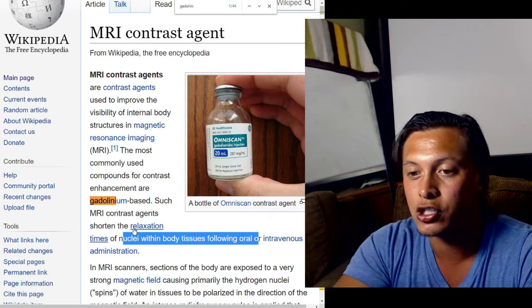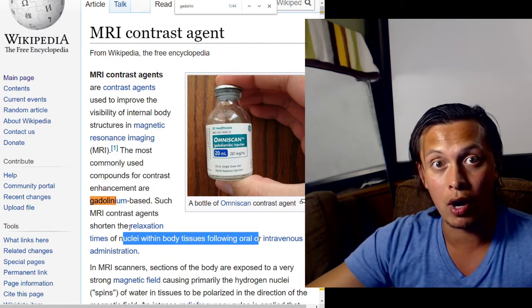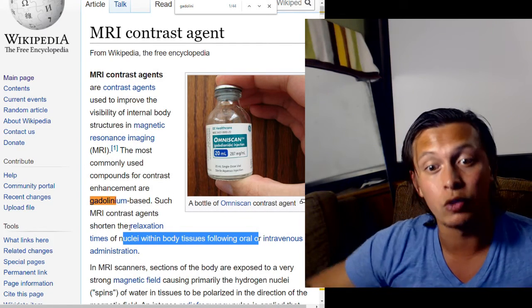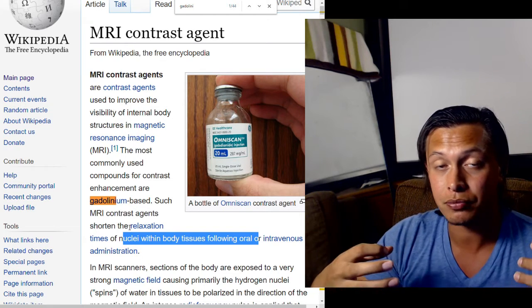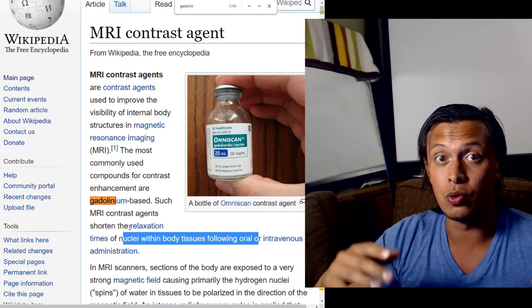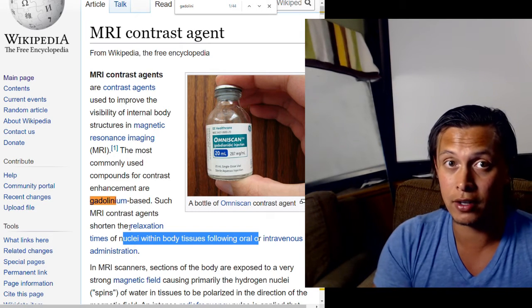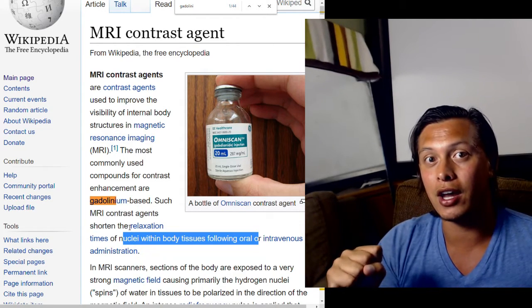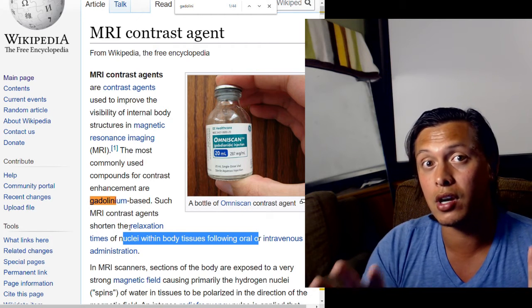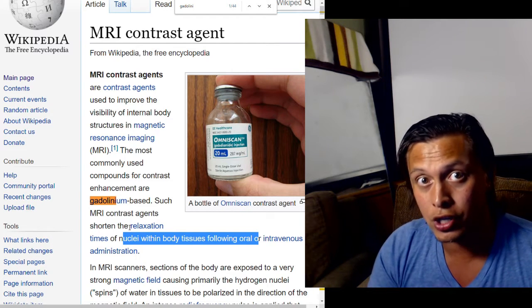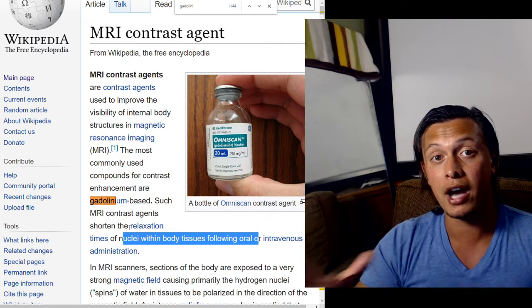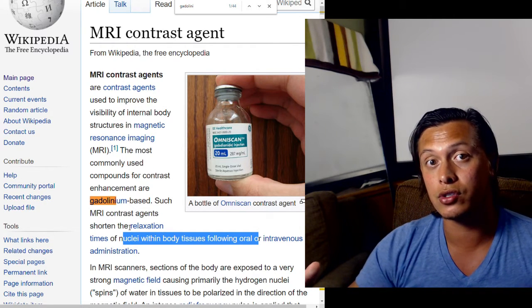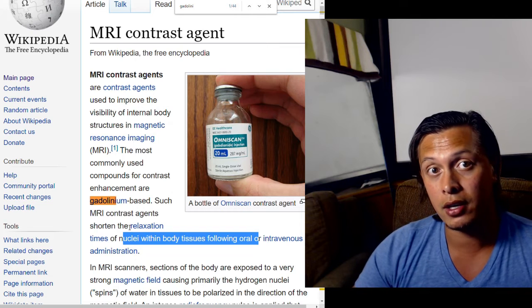So the relaxation time: in an MRI, there's a very strong magnetic field which causes a lot of the spins of your atoms to align with the magnetic field, and then there is a pulse of some form of radiation which knocks all of them out of sync with the magnetic field.